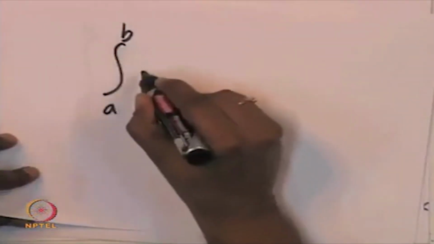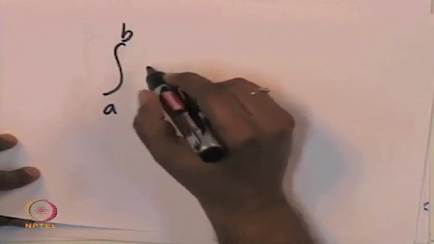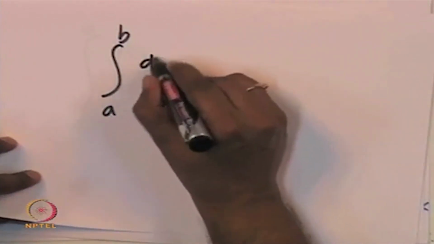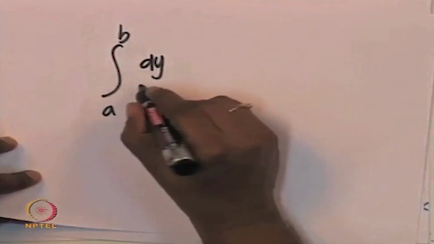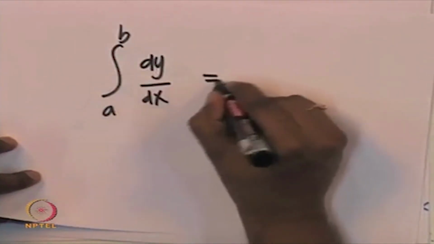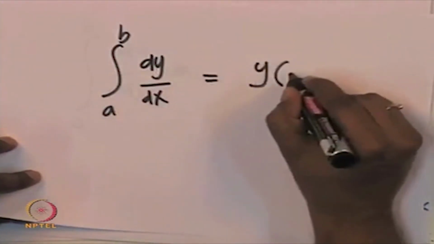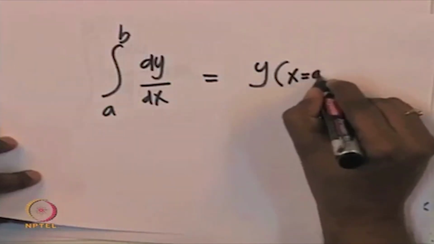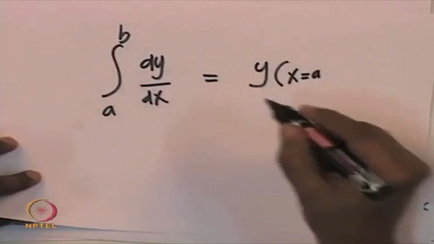So, let us take a different example: integral from a to b of dy by dx. You know that the integral of dy by dx is y.